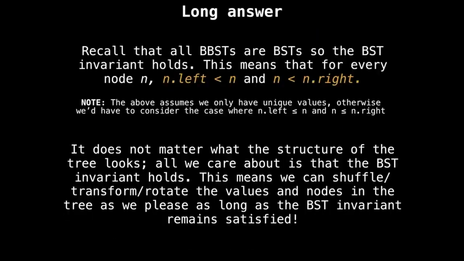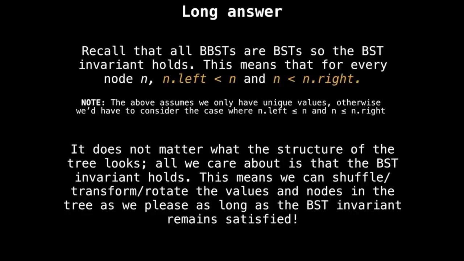A bit more detail on why performing tree rotations is a valid operation. First, you have to remember that all balanced binary search trees are binary search trees, meaning that the binary search tree invariant holds. So for every node n, the values in the left subtree are less than the value of n, and the values in the right subtree are all greater than the value of n.